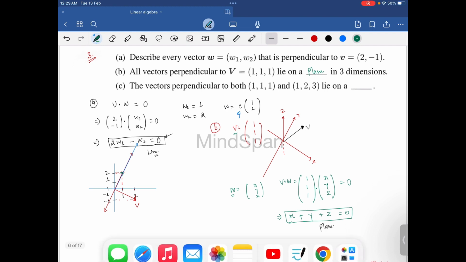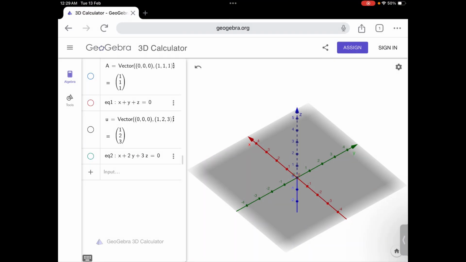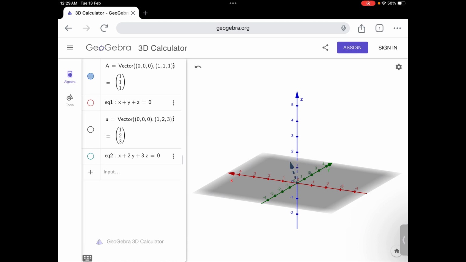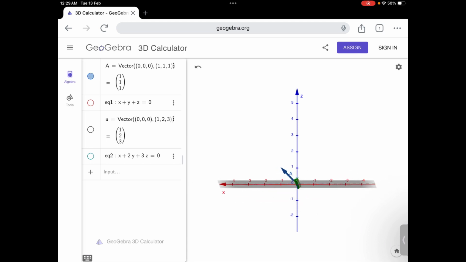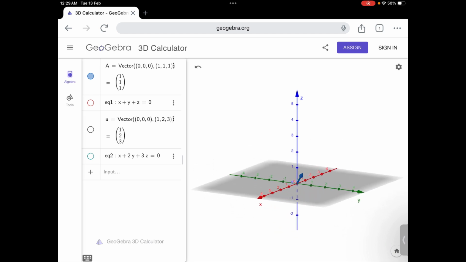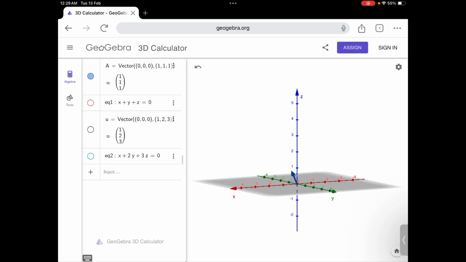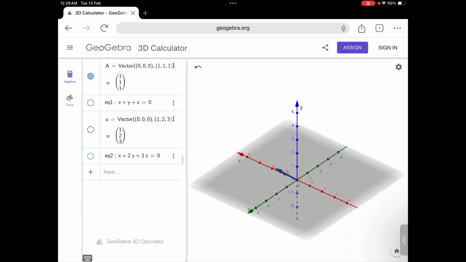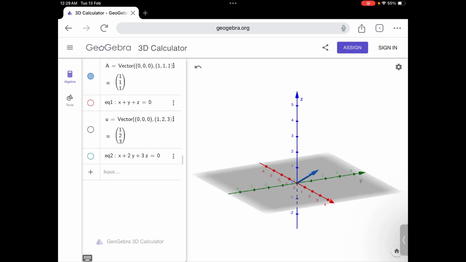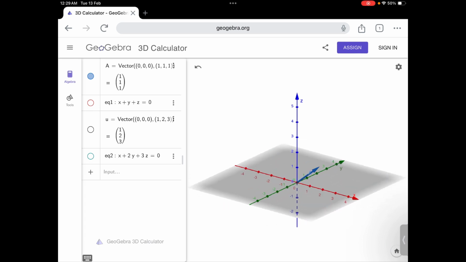Okay, let me show it to you. So this is our coordinate system, right? And this one is our vector. Let me adjust a little bit. So this is y. Right, I think now it is good.